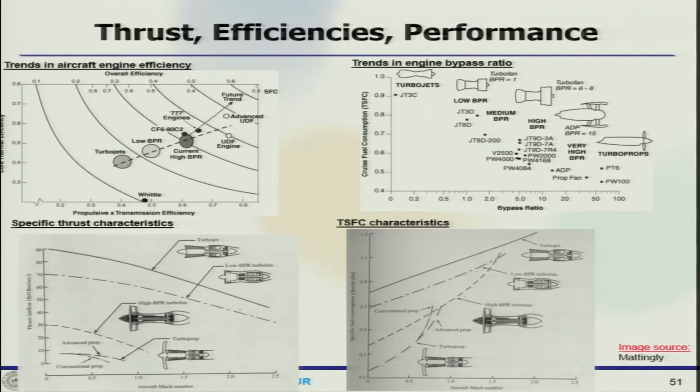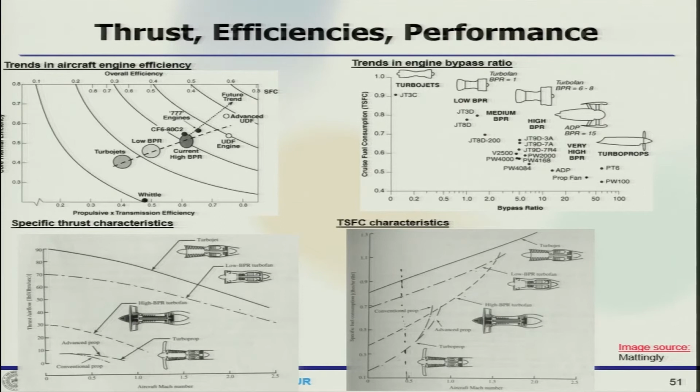So, the interesting thing to note here, let us say given a Mach number, if it is in the low subsonic range, let us say we come here, the TSFC is quite high for turbojet and then low bypass ratio turbofan.